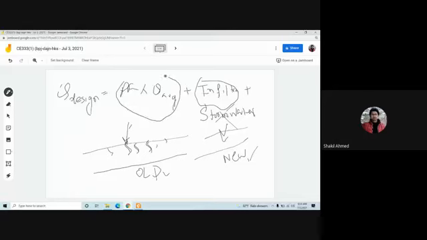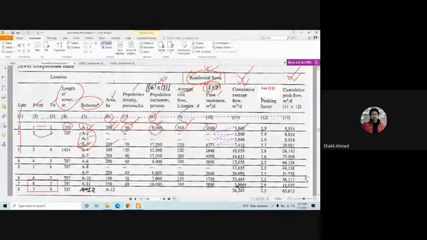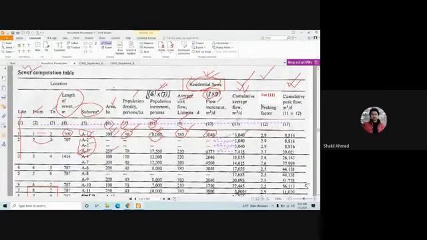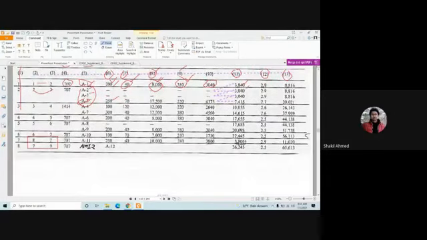Q average multiplied by peaking factor. This is the Q average. This is the peaking factor. So we have to multiply these two, that means column 11 and column 12, to get column 13. So 3040 multiplied by 2.9. Then 7415 multiplied by 2.7, 20 something. Clear? Yes, sir.